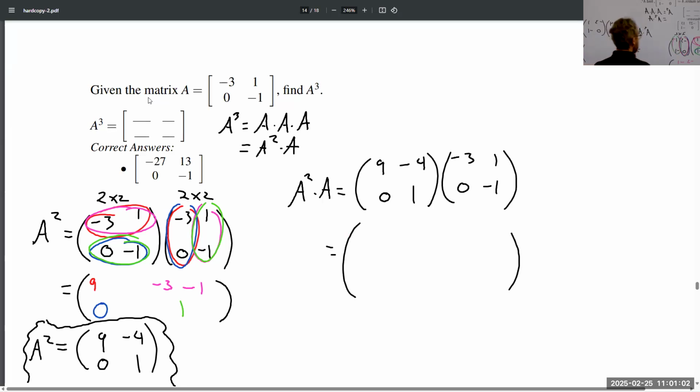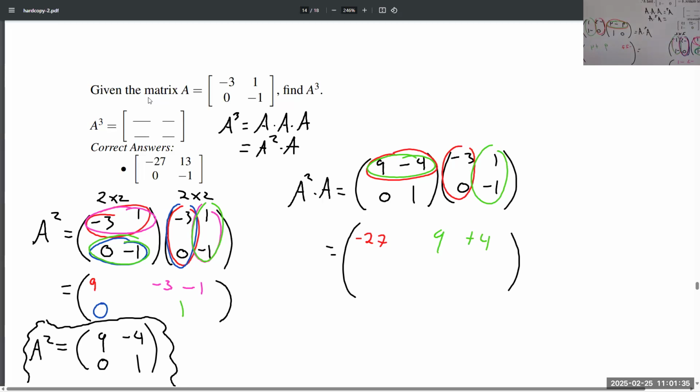Okay. So once again, row by column. Row by column. If you see me make an arithmetic mistake, please call me out. -27 plus 0. Row by column. 9 plus 4 should give me 13.